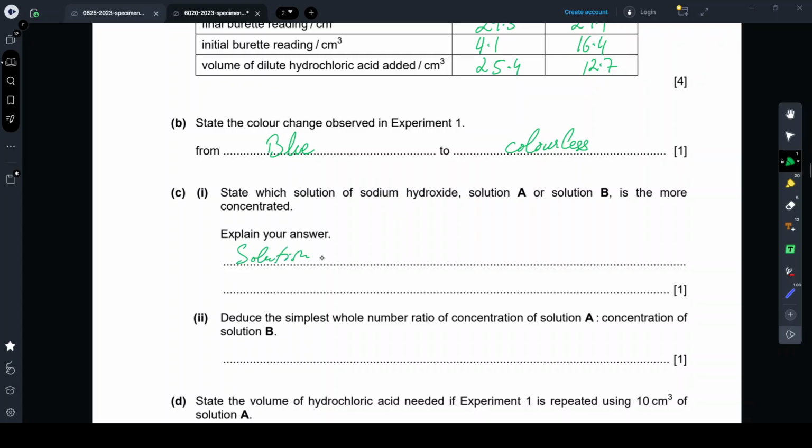Solution A, because it requires more volume of HCl for neutralization. Right? I'm just asking what does concentration mean in terms of sodium hydroxide?